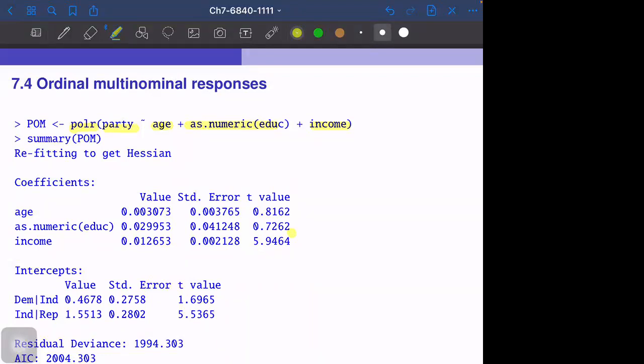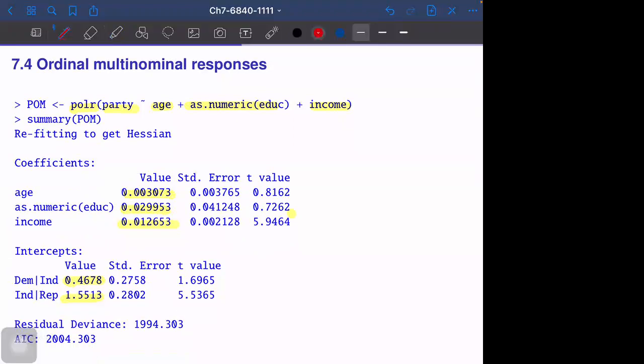So you can see that we have the 3 predictors, so we have 3 coefficients. Then also we have intercepts. For example, this compares the probability of the Democrat and the Independent.